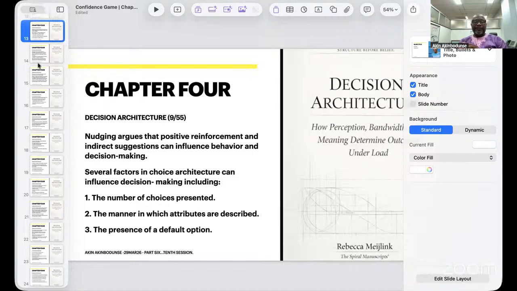And lastly, the presence of a default option, right? You have something and there's a backup option, or the similarities of the options, can affect the decision you make. If there's a big disparity in the options, then it's easier to know this will work.